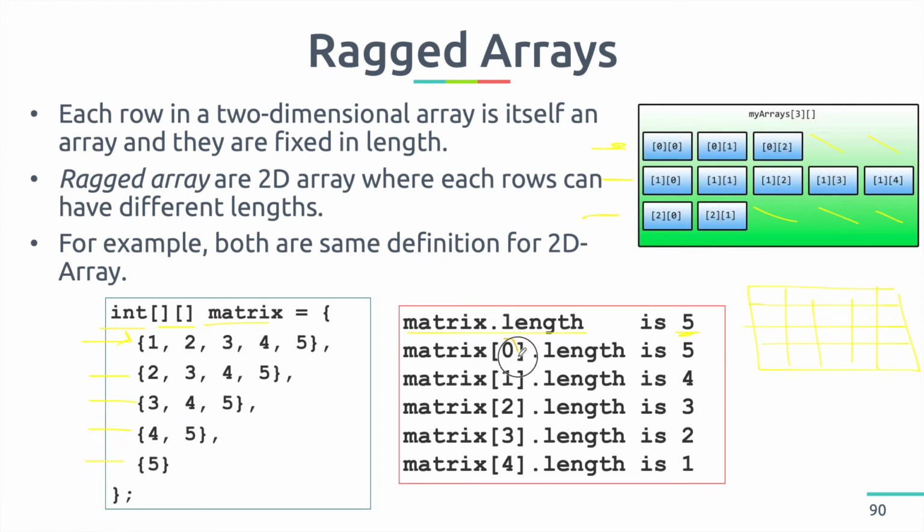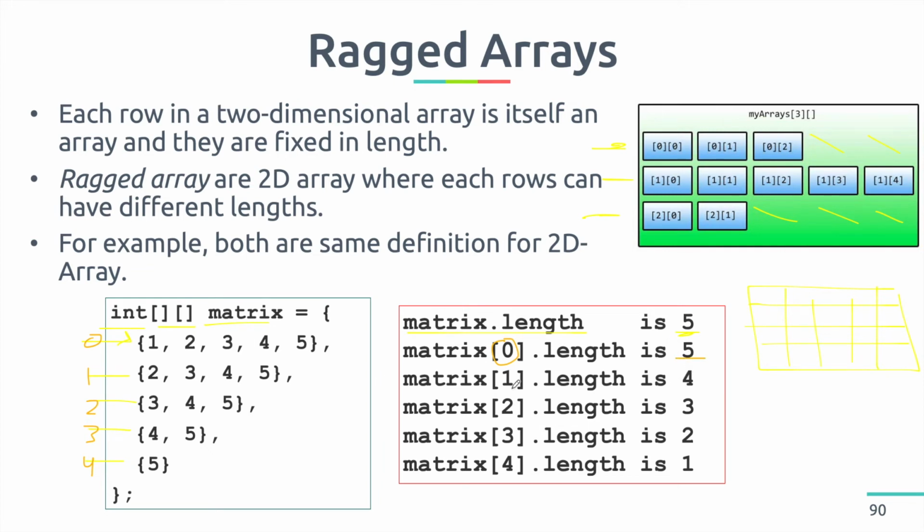But matrix at index 0, this is row 0, this is row 1, row 2, row 3, and row 4. So matrix at index 0, at row 0, the length is 5 because we have 5 elements.